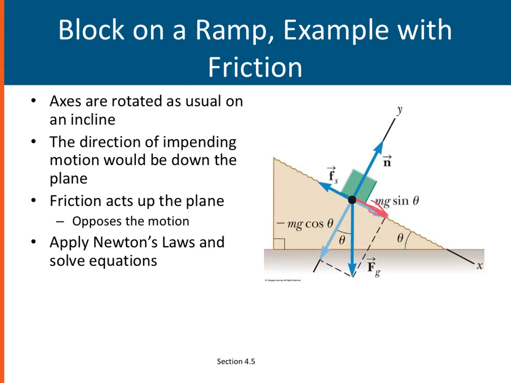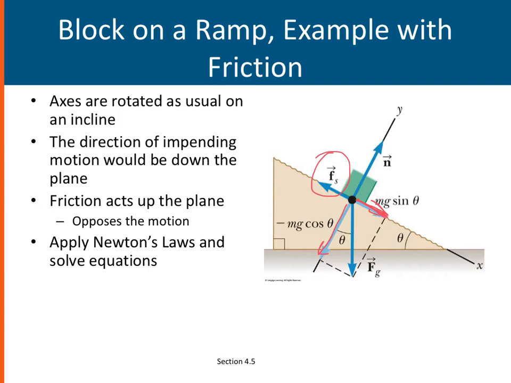So really what this does is it makes gravity break into components along the x and along the y. And so that imbalanced force in the x direction will cause the object to start to move down the inclined plane. However, there is static friction, and it's in the opposite direction of the impending motion.